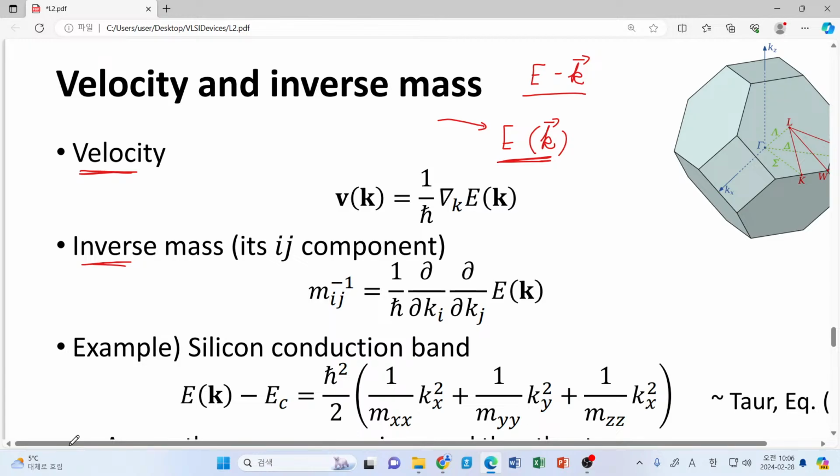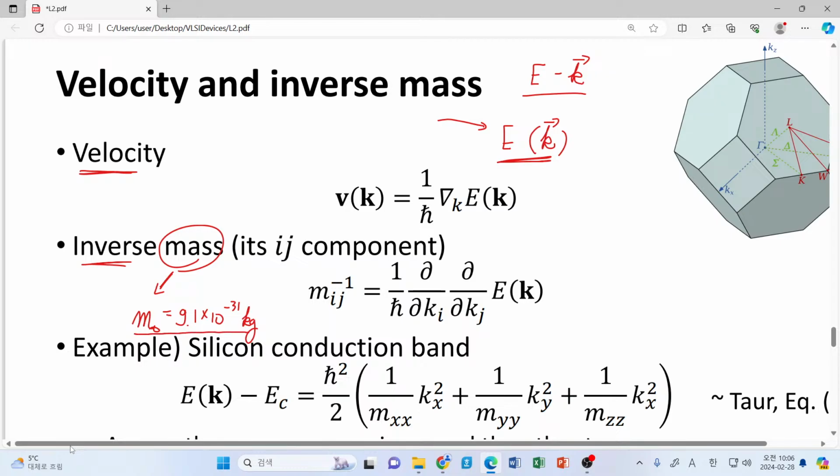Well, if we are talking about mass, then somebody can say that the mass of an electron is defined as m0, corresponding to 9.1 times 10 to the minus 31 kilogram. However, please note that this is the mass of a free electron. If we have an electron which is not moving fast and is not affected by the surrounding environment, we can expect such a mass.